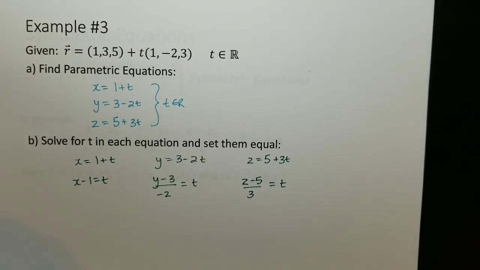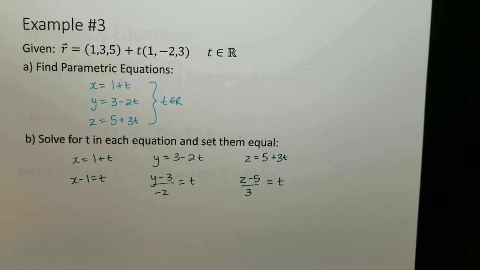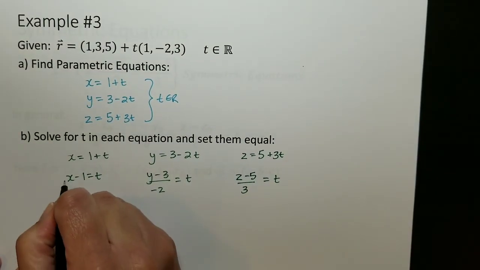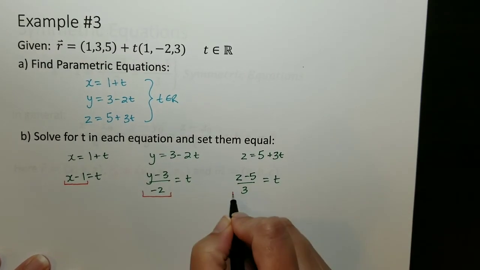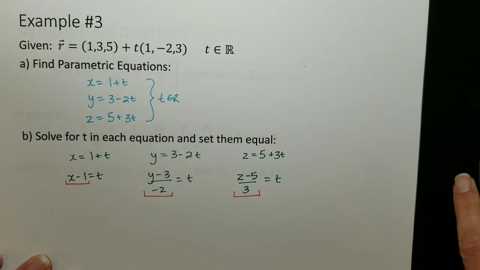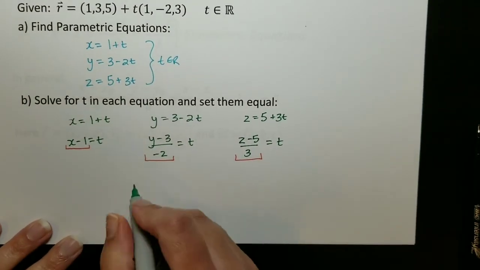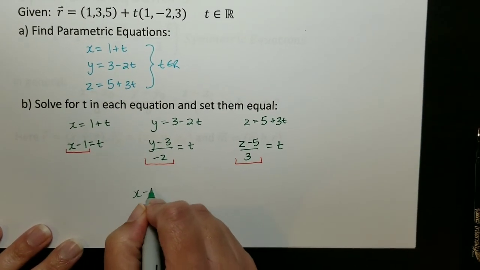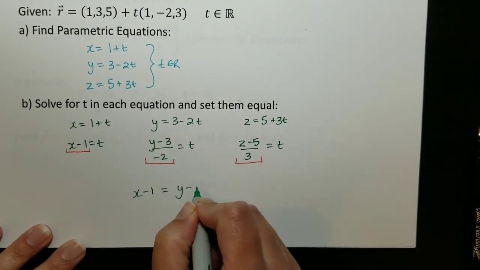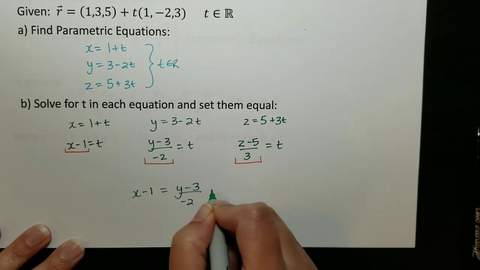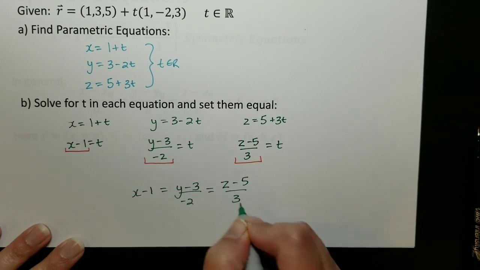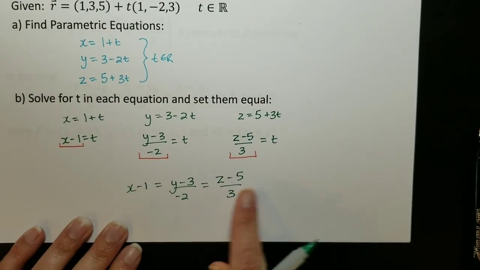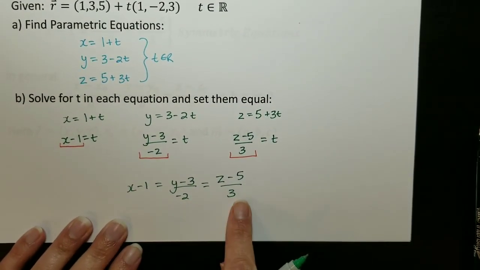So if I have these three different equations that all equal t, it's just like what we did in R2 to find that Cartesian form. I can set them equal to each other, but like I said before, we're not going to be able to cross multiply because I actually have a triple equation here. So here I've got an x part, a y part, and a z part.